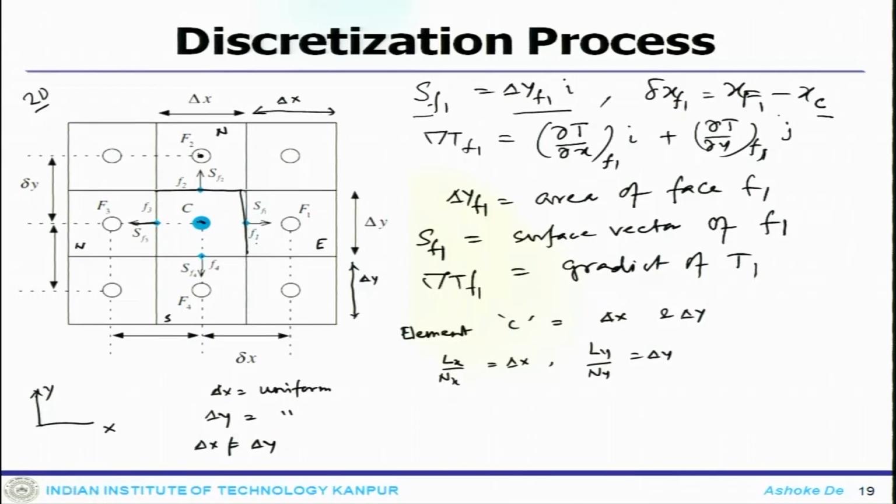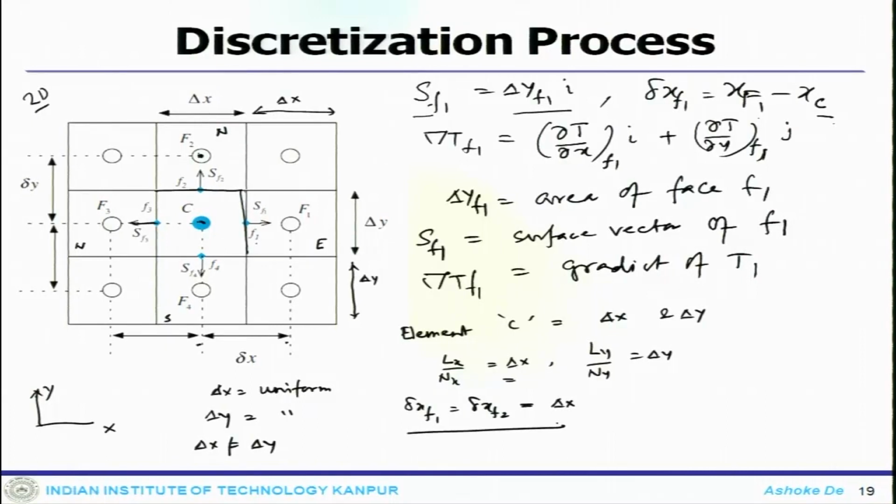Similarly, delta xf1 is the distance between this and this. So you get xf1 minus xc. Essentially delta xf1 for this particular case, as we assume they are uniform distance, even then if you write delta xf1 and delta xf2, they would actually be the same, they are all delta x.